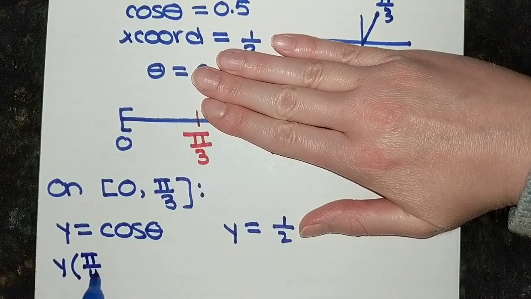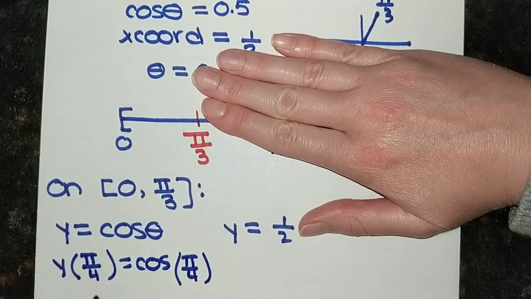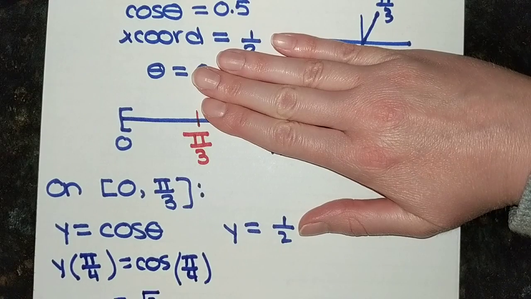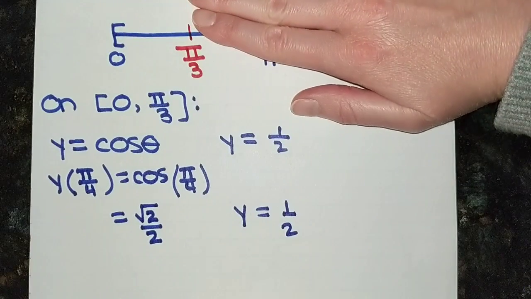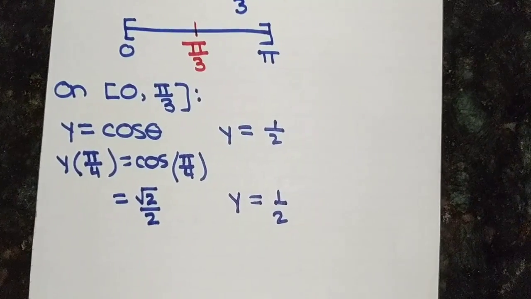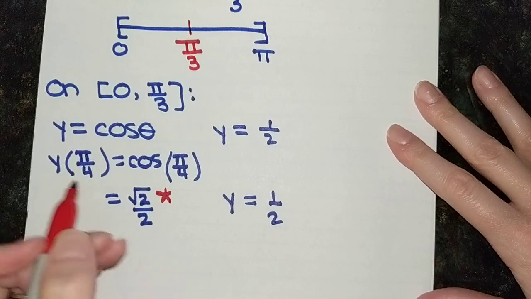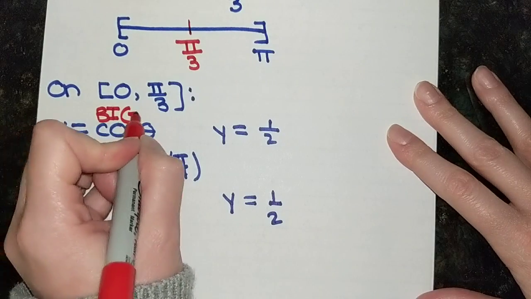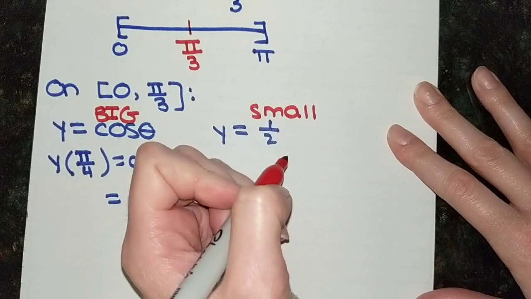So maybe you plug in like pi over 4. And that's going to give you square root of 2 over 2. And you're comparing that to the 1/2 where there's nothing to plug in. So when you look at that, you're going to notice, of course, if you just compare numerators, that the numerator here is bigger. So this cosine theta is going to be the big function, and then the small function will be the 1/2.